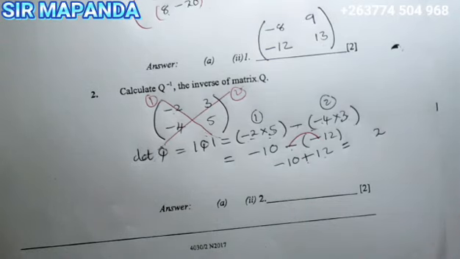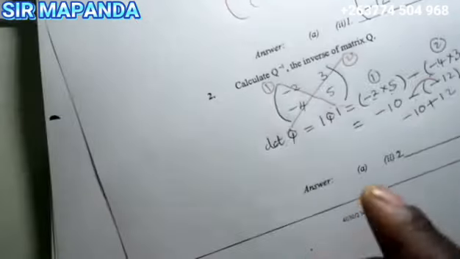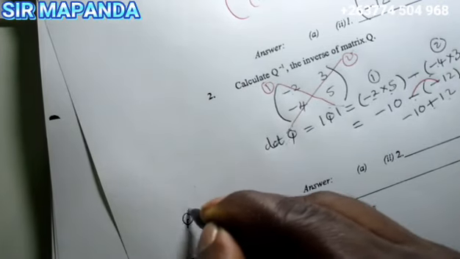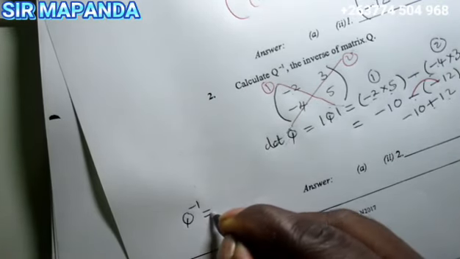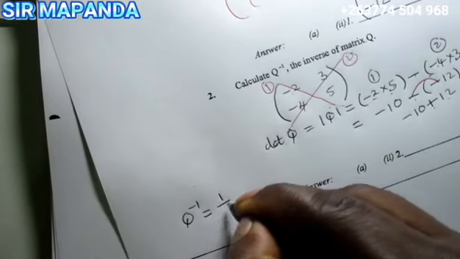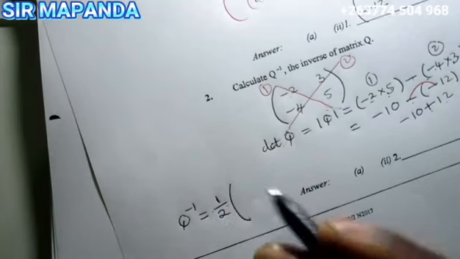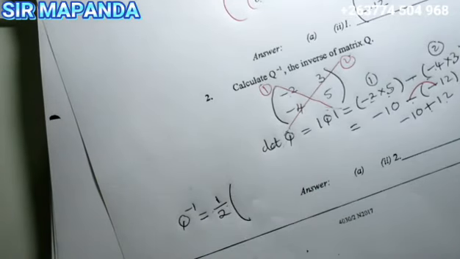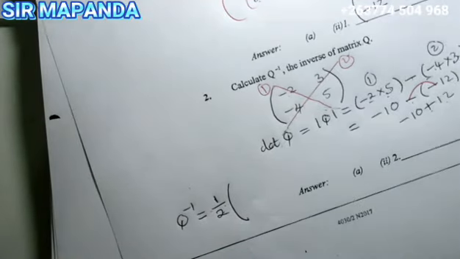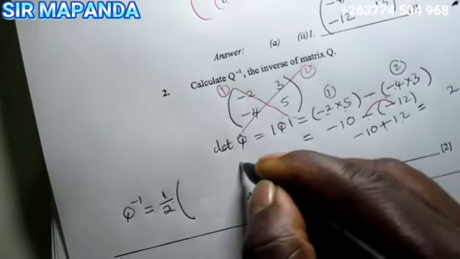So now that we have the determinant, q to the power of minus 1 can now be written. You write 1 over 2, the determinant. So this 1 over must be used whenever you are asked to calculate inverse, but the determinant differs from one question to another, right?